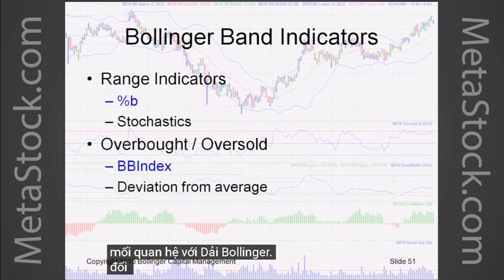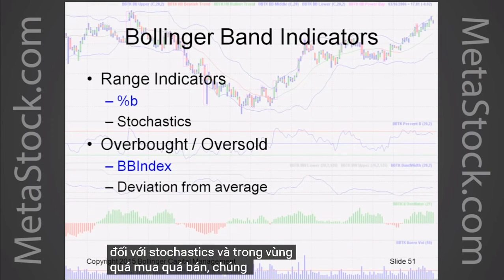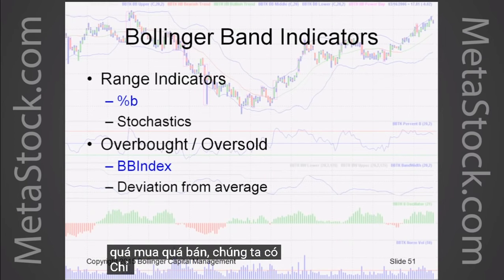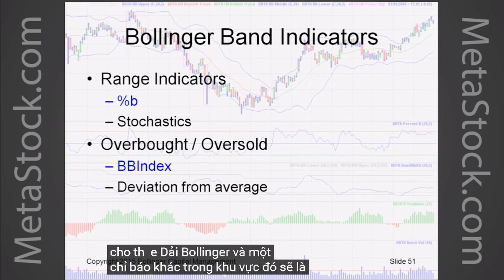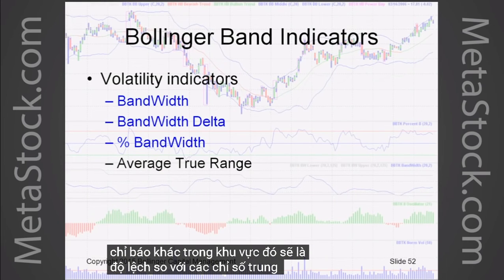It's very related to stochastics. And in the overbought, oversold area, we have BB index, quite similar in concept to the commodity channel index, but normalized for the Bollinger Bands. And another indicator in that area would be the deviation from the average.